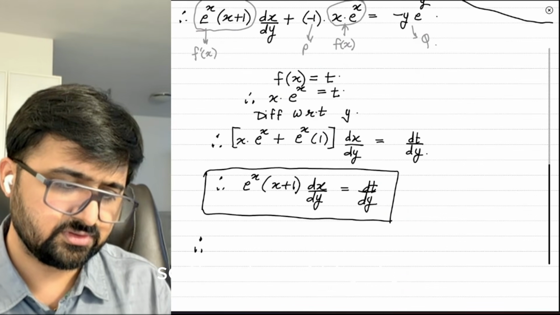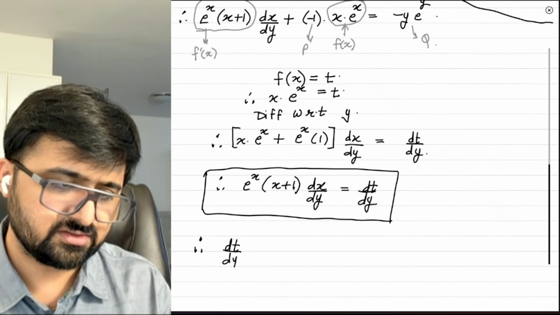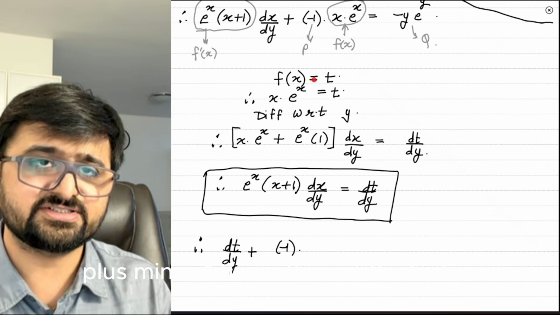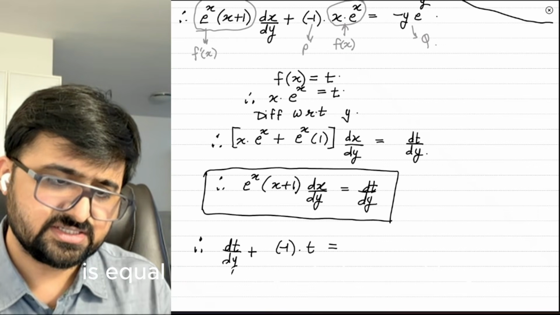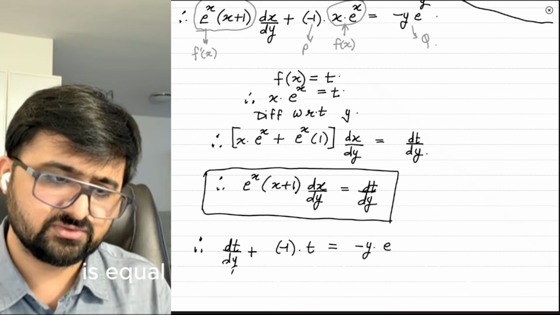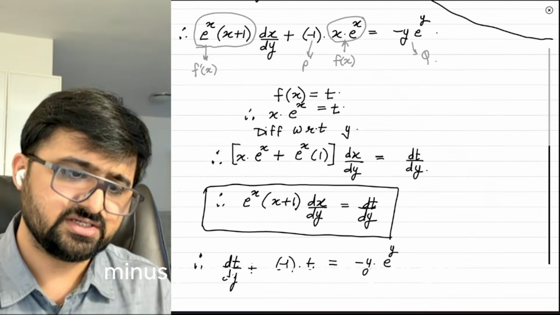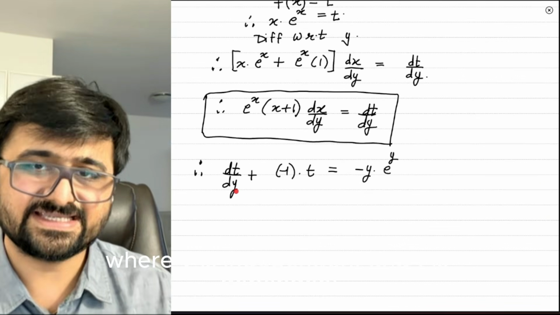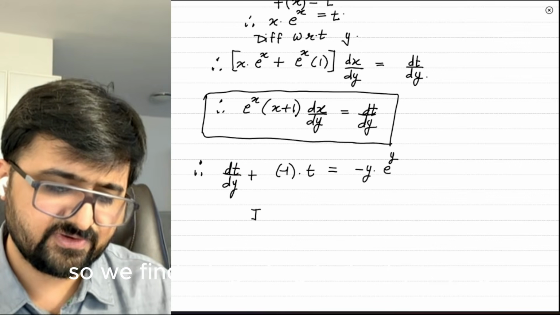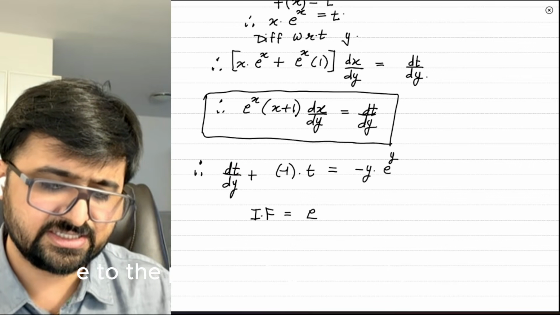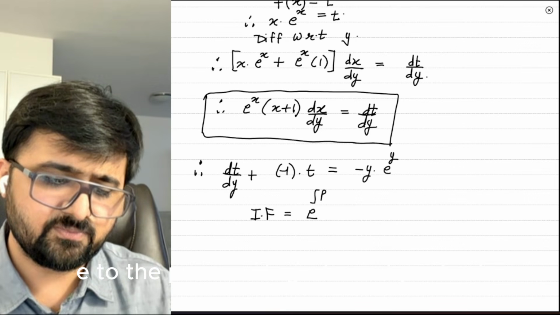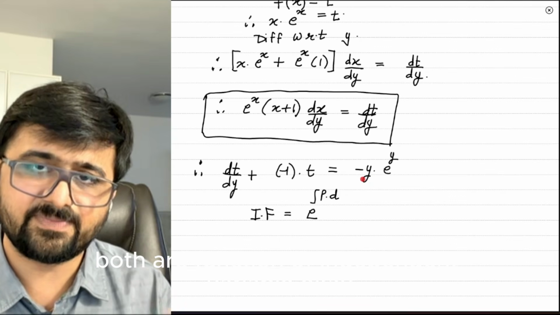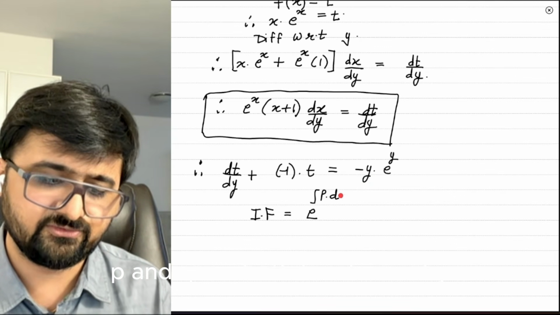So therefore, dt by dy plus minus 1 times this is fx, which was t, times t is equal to minus y into e raised to y. All right, now this is of the linear form where y is independent and t is dependent. So we find the integrating factor by saying e to the power integration of p dy. Now remember that p and q are both functions of the independent variable. Okay, p and q are both functions of y.